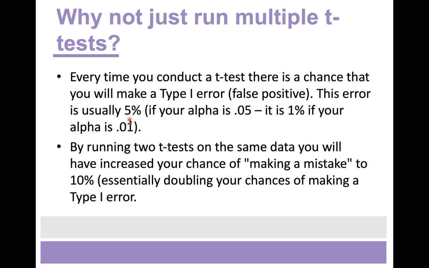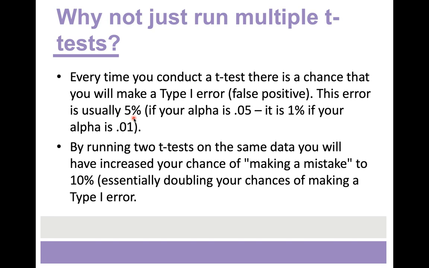And we mitigate this level of risk by developing the ANOVA, such that we now have a test that can do a bunch of comparisons at once, and so keep our risk at only 5% because we run one ANOVA statistic rather than running multiple t-tests.